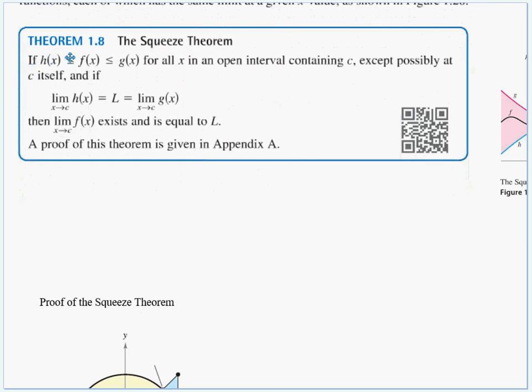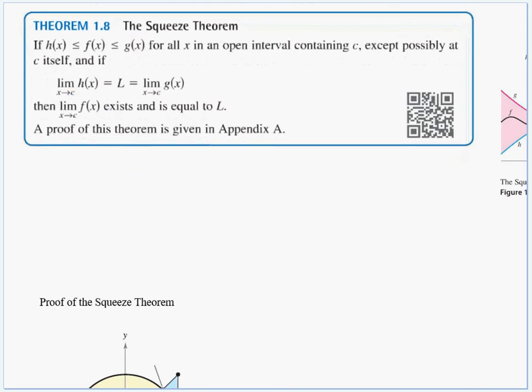If h of x is less than or equal to f of x, which is less than or equal to g of x for all x's in an open interval containing point C, except maybe at point C itself, and also if, let's say h of x on the left, that h of x has a limit of L, and way over on the other side, g of x also has a limit of L, then the limit of f of x, the one in the middle, also exists, and it's also equal to L.